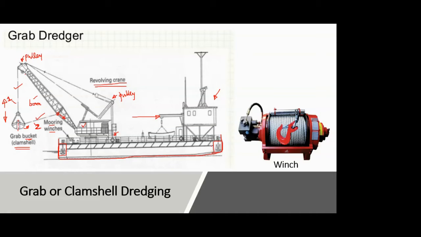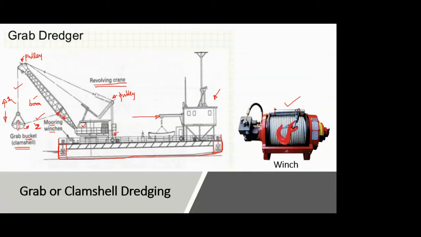During dredging, you have to keep the dredger stable. For that, you need to anchor it in the middle of the water body. For anchoring purposes, you have to lower that anchor, and for lowering you have a winch there. On the right side, I have shown this figure of a winch.